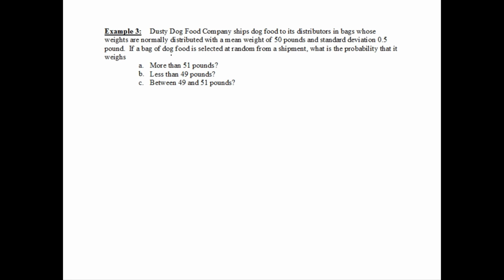If a bag of dog food is selected at random from a shipment, what's the probability that it weighs more than 51 pounds? So first of all, we need to know what our mean and our standard deviation are: 50 pounds and half a pound, or 0.5.